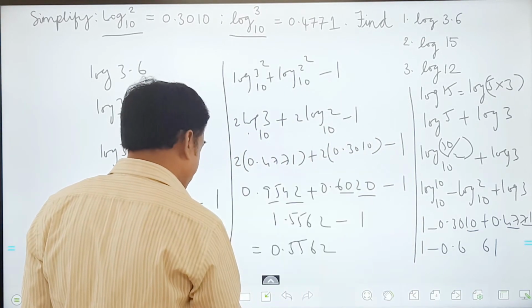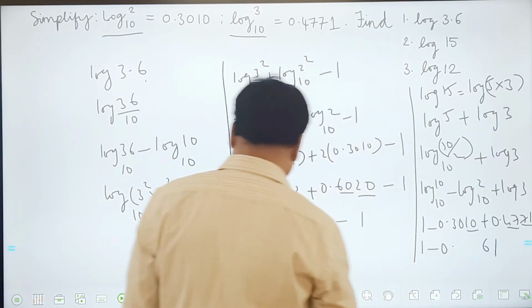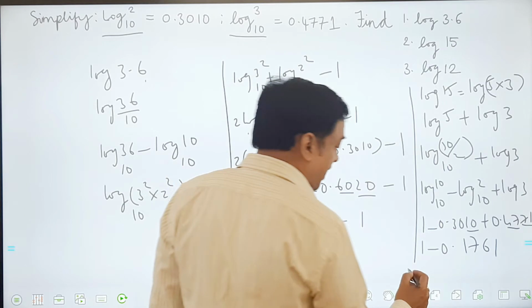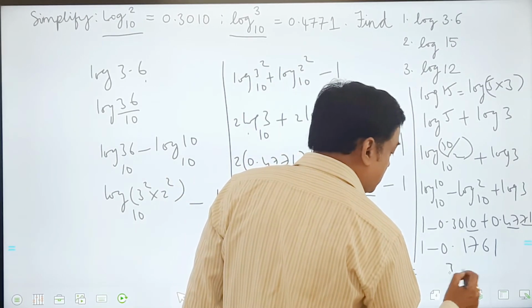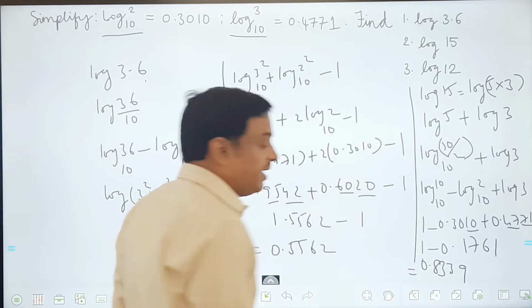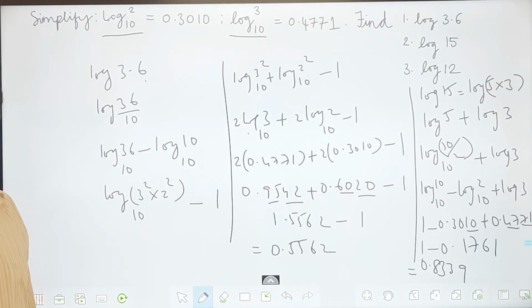So 17, if I take it 17 here, I'll get 17 over here. And then if you subtract, finally my answer would be 39, and 17 if I subtract is 83. 0.8339 is the final answer what I get here in this case.